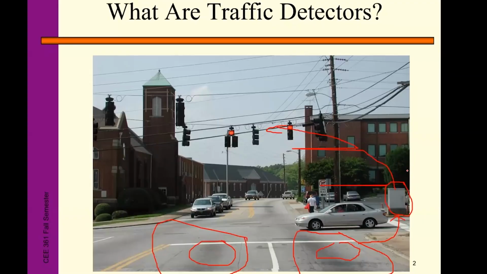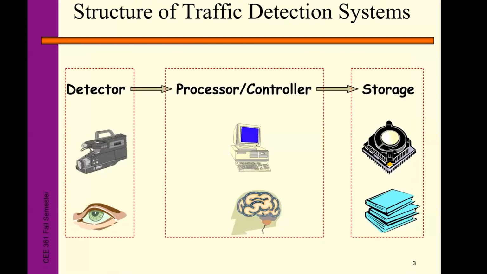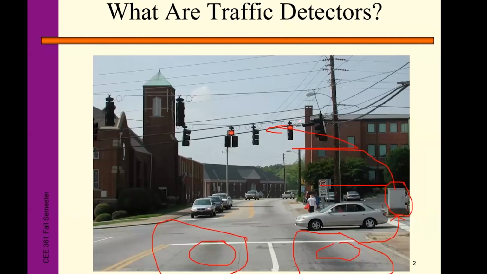Those are the signal heads, the signal lights we use to direct traffic movements at intersections. We have different control strategies.